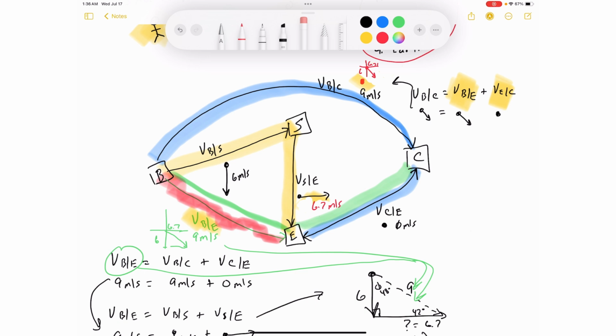And then that's basically it. So doing relative velocity problems can be difficult or tricky, but I think if you look at it graphically using this graph approach, it might make the solutions easier. So hopefully that was useful, and see you later.